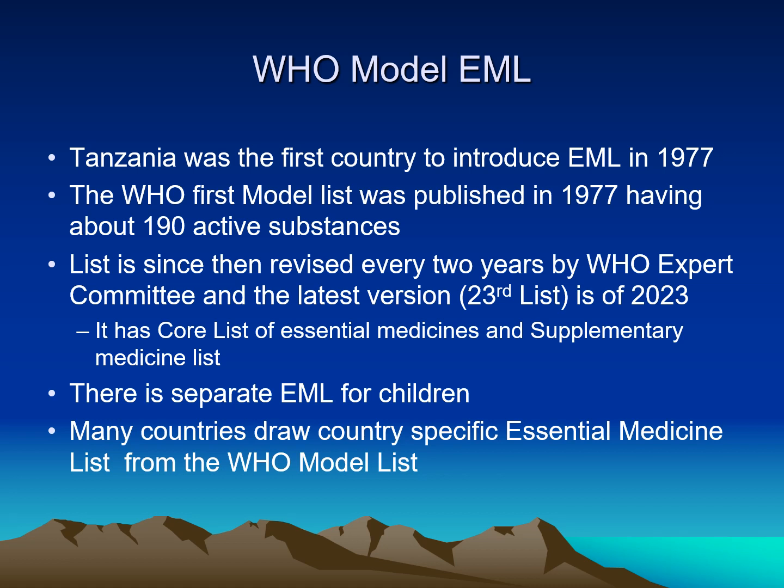The list has a core essential medicine list and a supplementary medicine list. The supplementary medicine list is for special use. There is also a separate essential medicine list by WHO for children, and it is also revised regularly. Many countries draw country-specific essential medicine lists from the WHO model list.